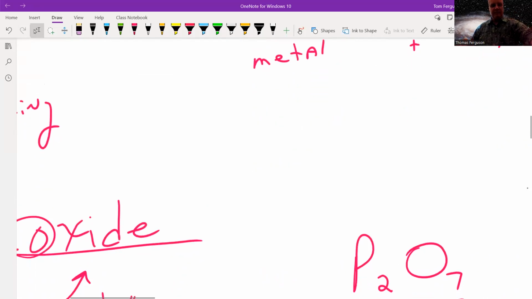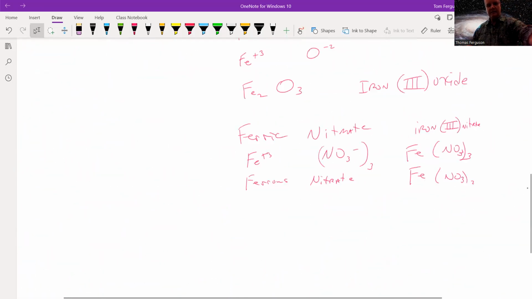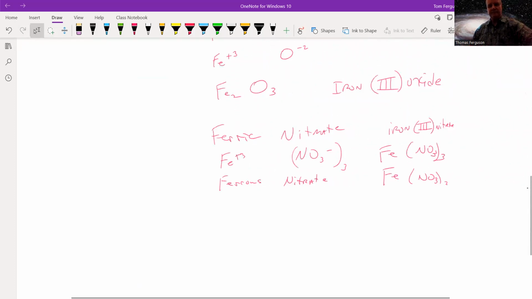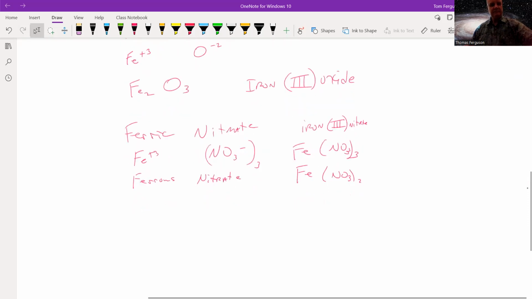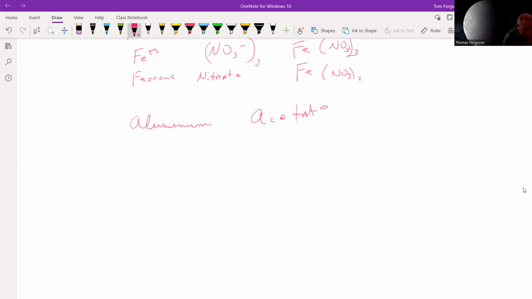Okay, so aluminum acetate. Aluminum is Al +3.